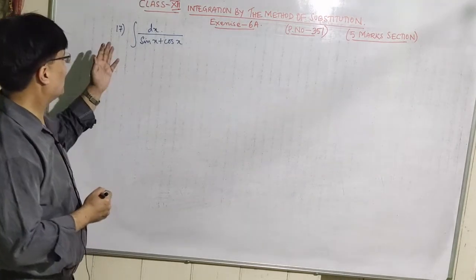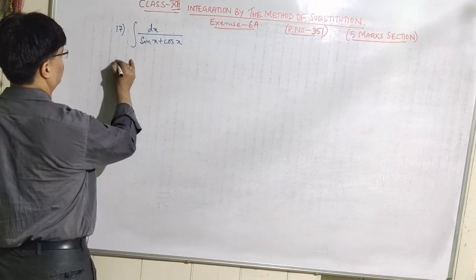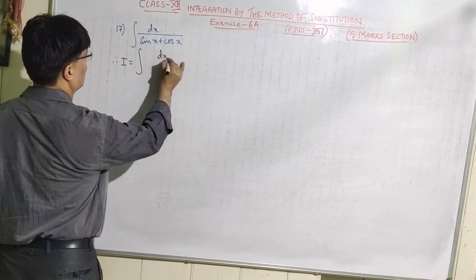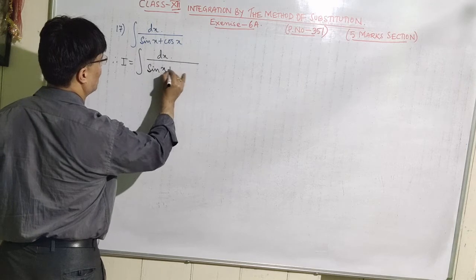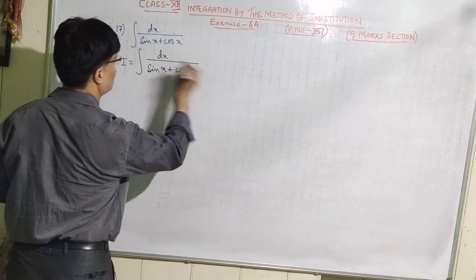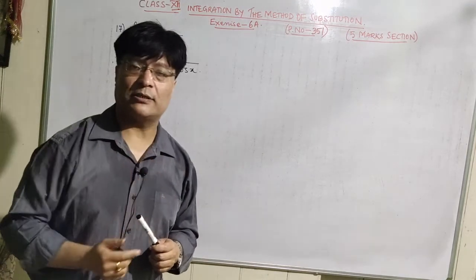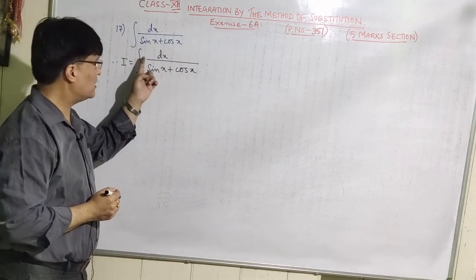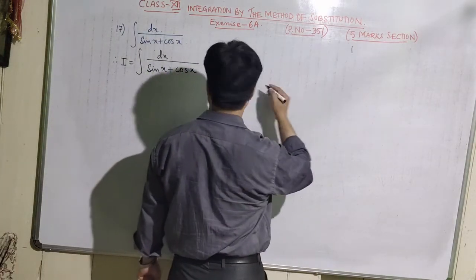So let us integrate this dx divided by sin x plus cos x. So I is equal to integration of dx divided by sin x plus cos x. Now let us use the same method as we have done in the previous one. So what is the coefficient of sin x here? It is 1. What is the coefficient of cos x?